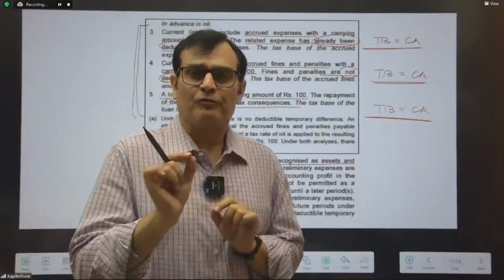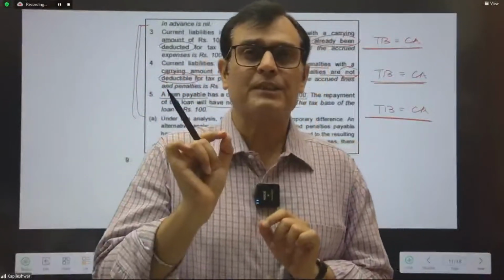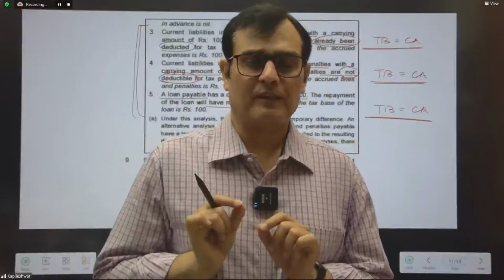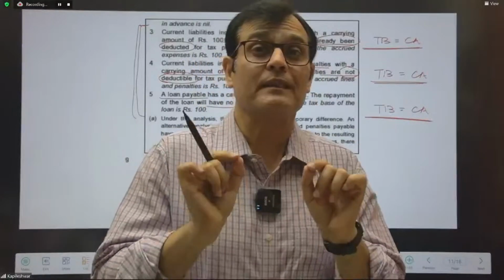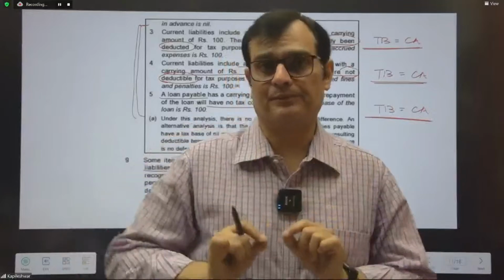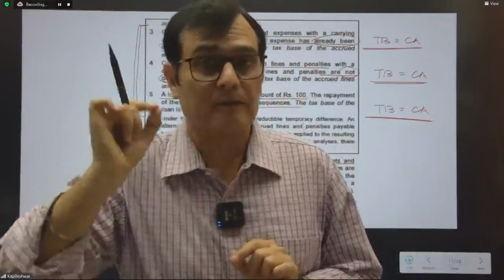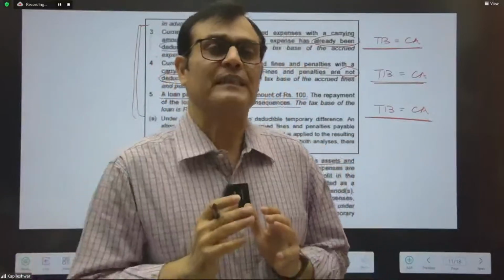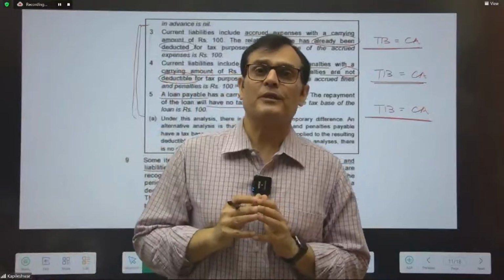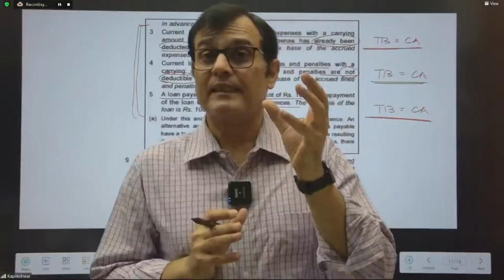Example, if you look at Index 38, if a company incurs a preliminary expense, it is allowed as a deduction 100% in the year in which it is incurred. But under the income tax provisions, if my section is correct, I think section 35B of the Income Tax Act allows you a deduction of 1/5 each year. So if you incurred, let's say, 10 lakhs, in accounting you took it in the same year.